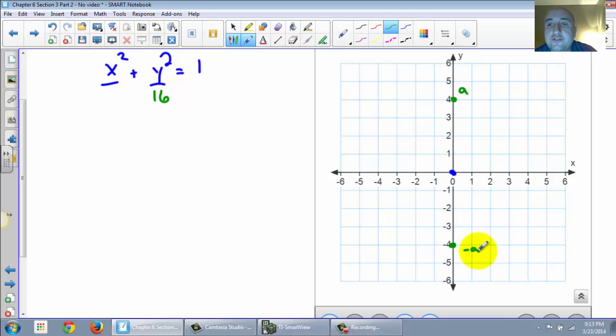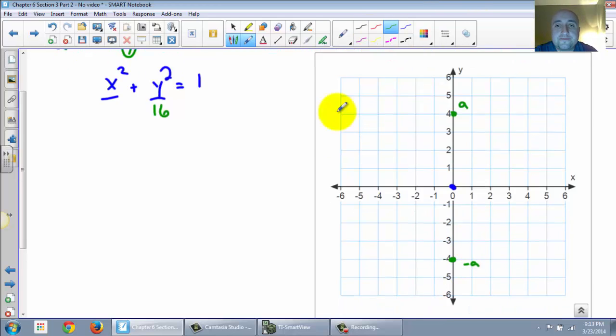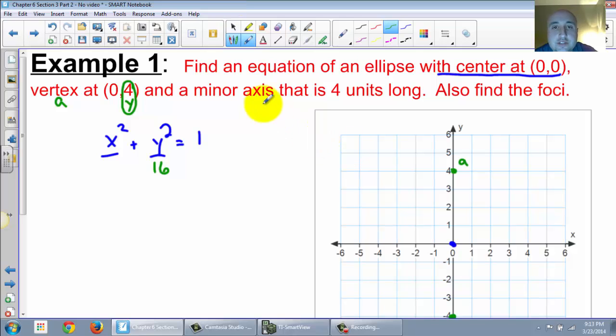Now we need to figure out what our b is. What else did they give us? It also tells us that our minor axis, remember minor axis always stands for b, is 4 units long. Now remember that ellipses are always symmetrical. However far to the right you go, you have to go the same distance to the left.